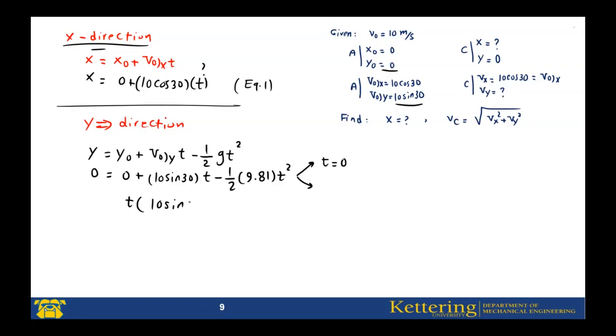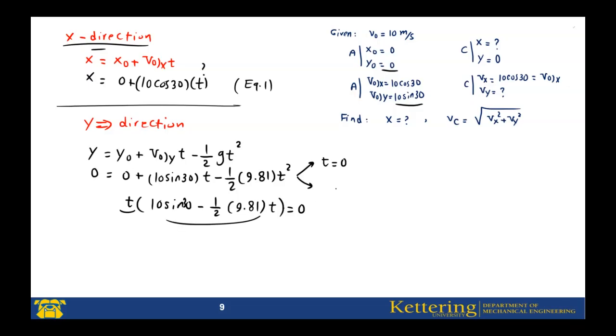It's 10 sine 30 minus 1 over 2 times 9.81 t equal to 0. This is from this equation. If these two expressions multiply to 0, it means that t is 0 or this one is 0.